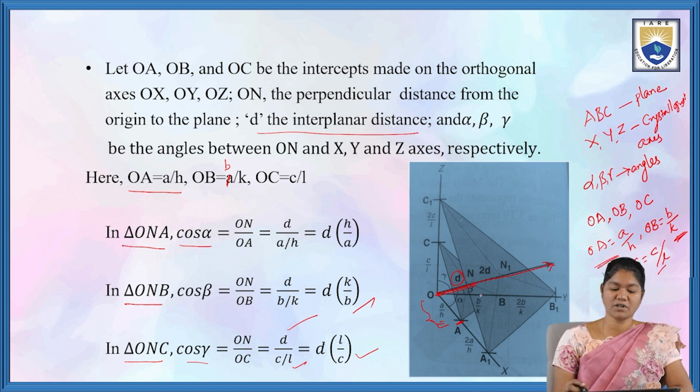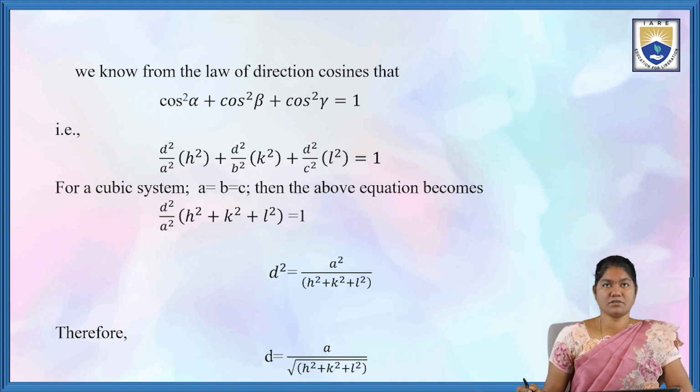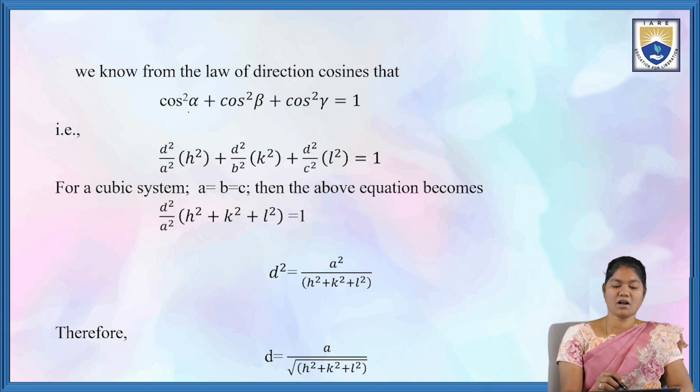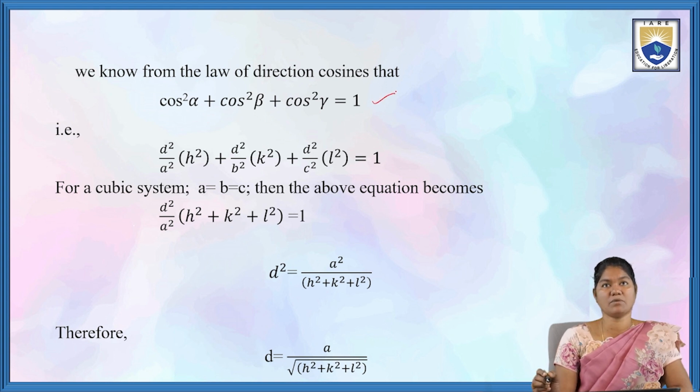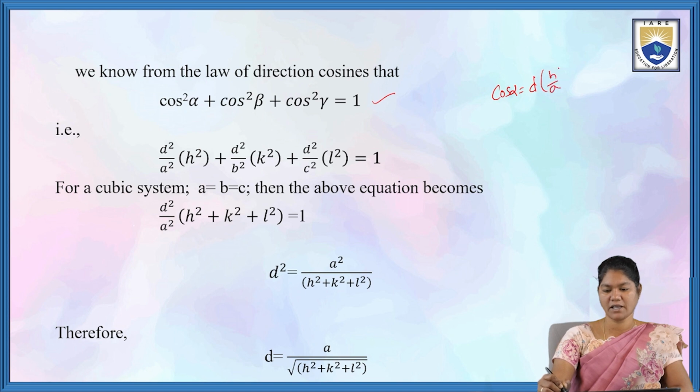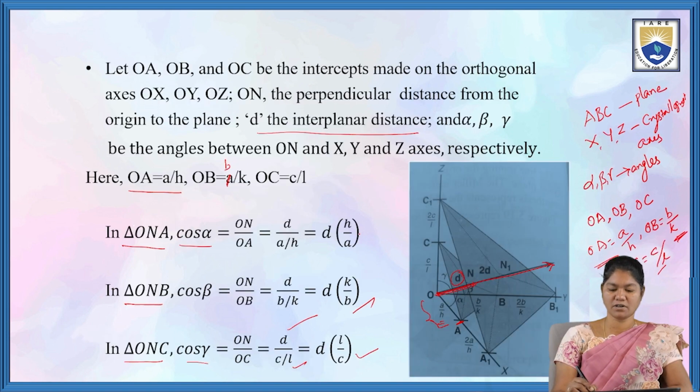From triangles ONA, ONB, ONC we get cos alpha, cos beta and cos gamma. From the law of direction cosines, cos square alpha plus cos square beta plus cos square gamma is equal to 1. What is the value of cos alpha? Cos alpha is equal to d into h by a, the value we got here.